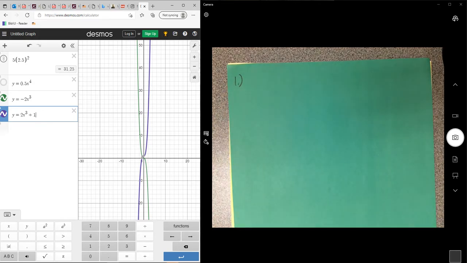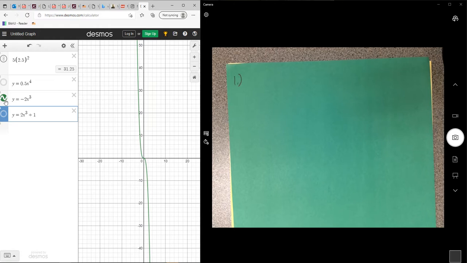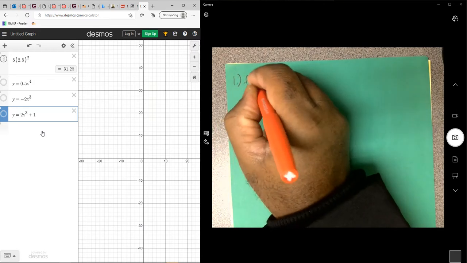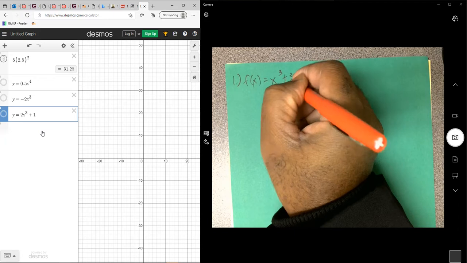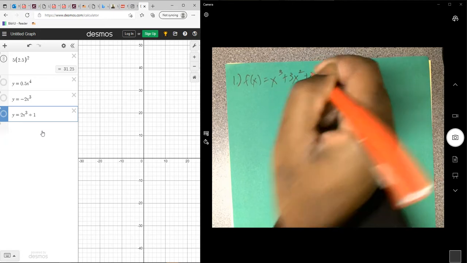It says in exercises 1 through 3, determine the x-intercepts of the graphs of each polynomial function using an algebraic approach, factoring. Verify your answers using your graphing calculator. I want to turn these graphs off just in case we need them later. But number 1, we had f of x is equal to x cubed plus 3x squared plus 2x.